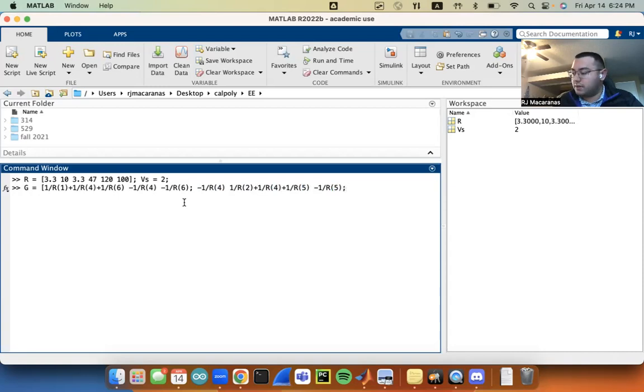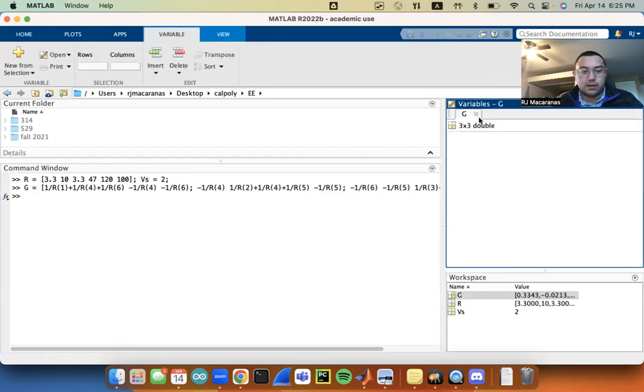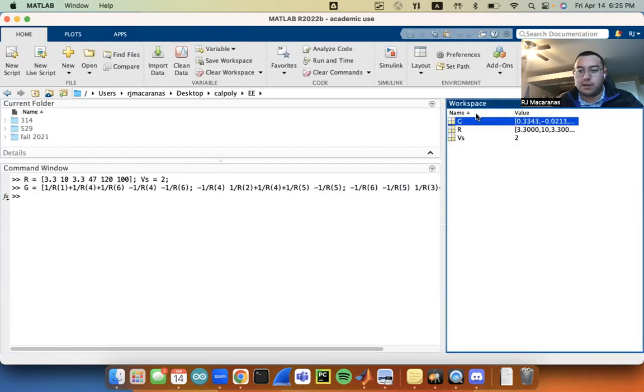And the last row, negative 1 by R6, and then negative 1 by R5, and then 1 by R3 plus 1 by R5 plus 1 by R6. That will give us the matrix G in our workspace. We can double click on this to see what it looks like. Yeah, it's a 3 by 3.